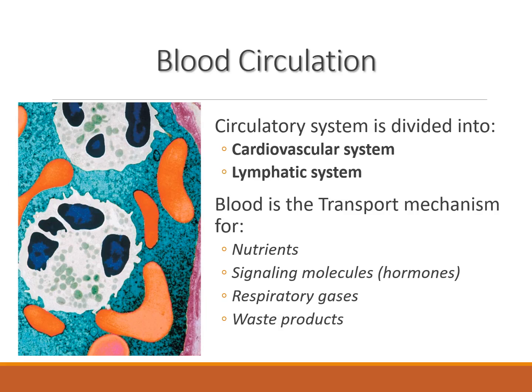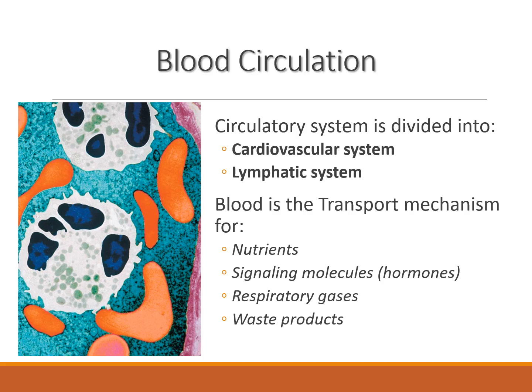So blood circulation. So we talk about this whole unit as being the circulatory system. So we can divide the circulatory system into actually two different systems. A lot of people interchange circulatory system and cardiovascular system, but cardiovascular system is very specifically just the heart and the blood vessels attached to the heart.